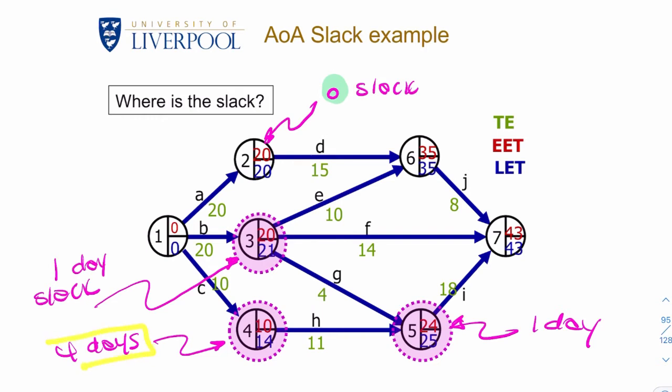So even if we have a delay in getting to here, that won't delay this, and therefore it won't delay the total EET or LET. So we can identify the slack simply by looking at where we have a different LET and EET.